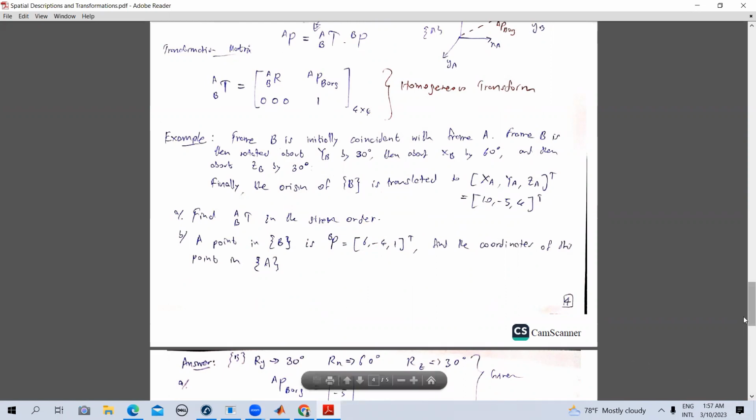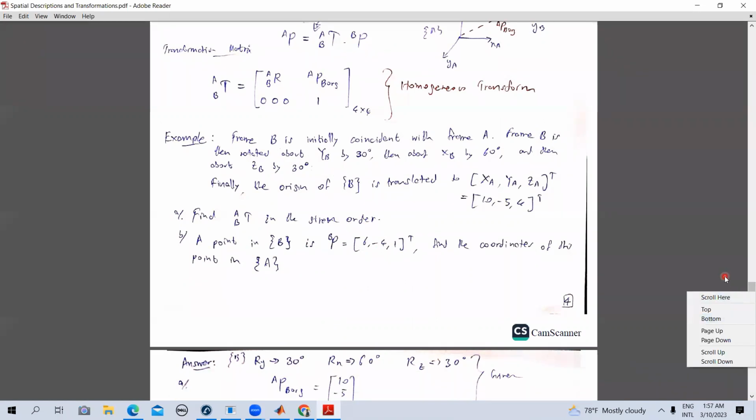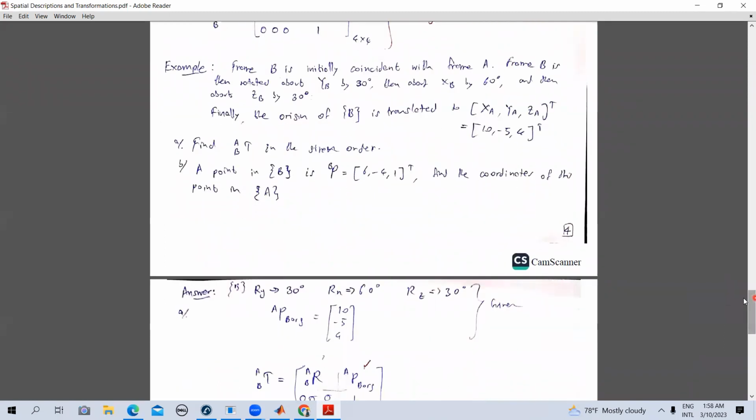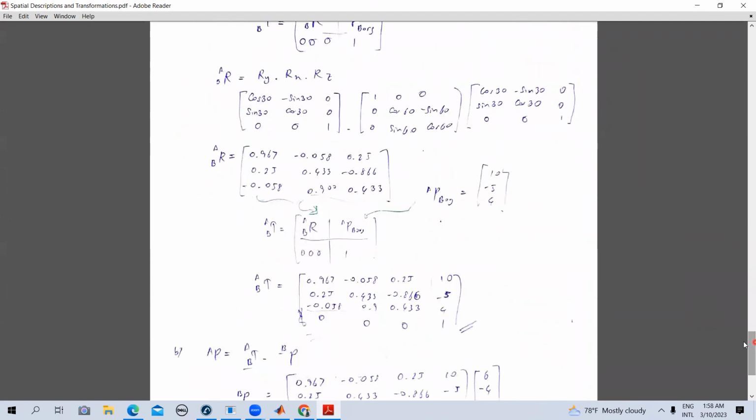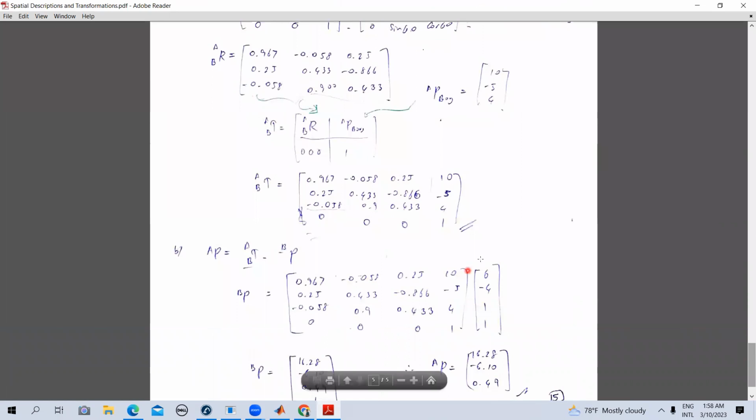So we simply got the transformation matrix, which explains the entire transformation, the rotation and the translation both, right? So we want to get this vector located with respect to frame A. So we simply multiply the transformation matrix by this, right?